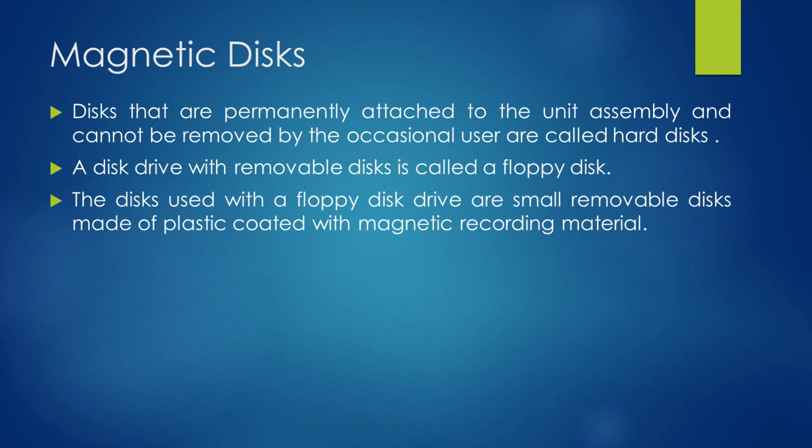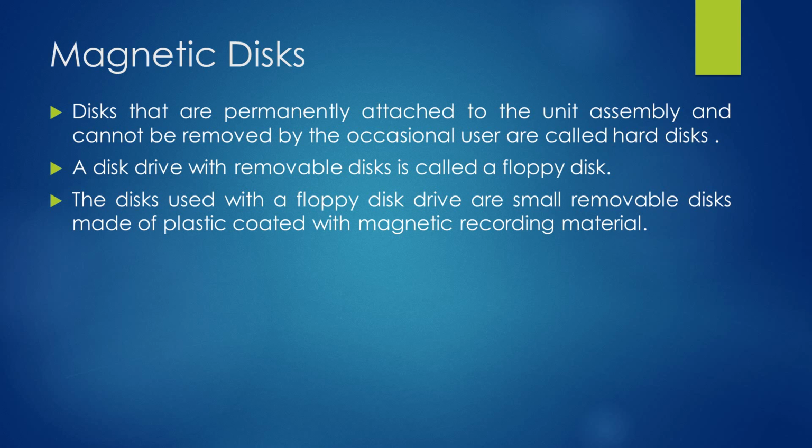The first point says that disks that are permanently attached to a unit assembly and cannot be removed by the user can be called a hard disk, but a disk drive that can be removed can be known as a floppy disk. The disks used with a floppy disk drive are small removable disks made of plastic, coated with magnetic recording material.